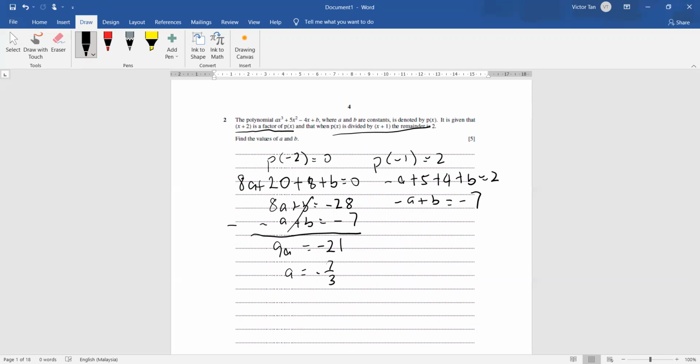Substituting, you get b equals minus 7 minus minus 7 over 3. b equals minus 7 times 3 is 21, so minus 28 over 3. Okay, solved.